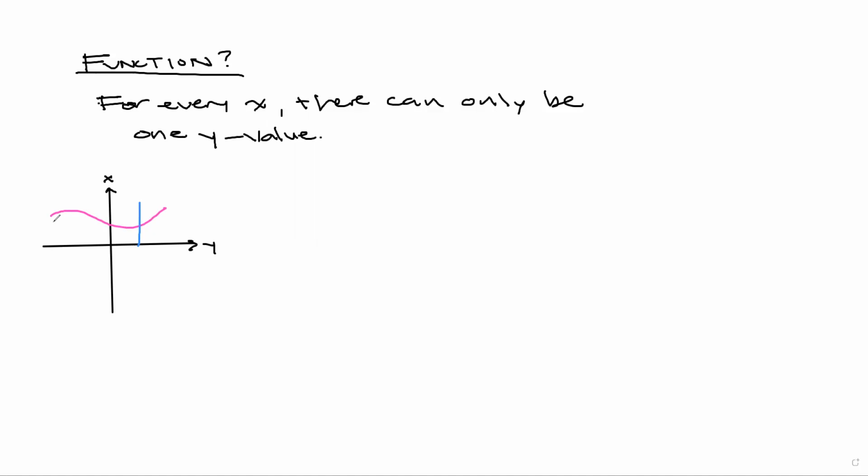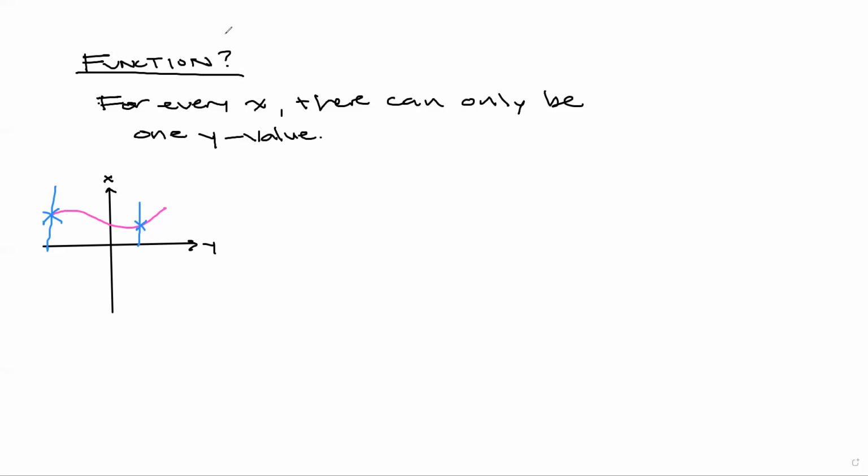No matter where I draw the vertical line, if it only crosses it one time, it's a function. So if I draw the vertical line here, it only crosses it one time, okay? Well, how about if I draw the vertical line over here? Again, it only crosses it one time. So if the vertical line crosses the graph only one time, this is called a function, all right?